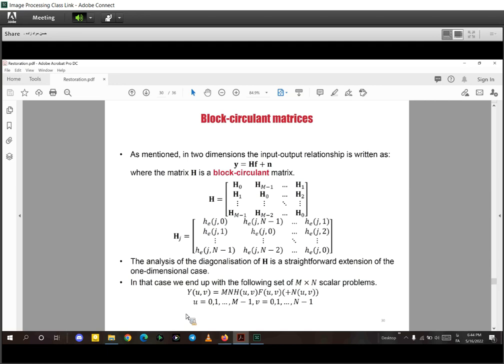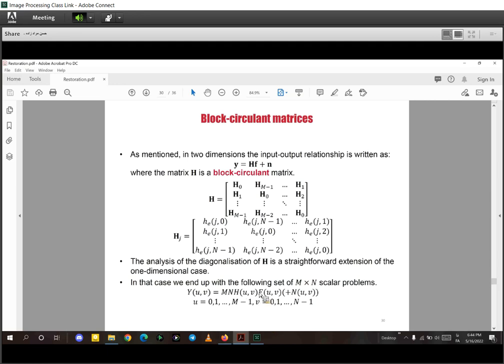In I and J, the spatial domain, we had circular convolution, and in the U and V domain, or frequency domain, we have the FTs of the system.